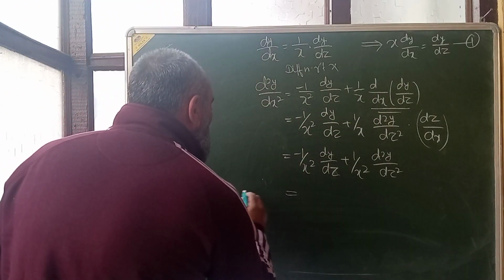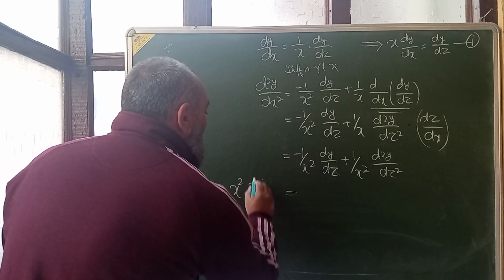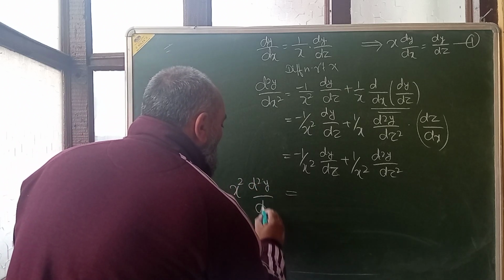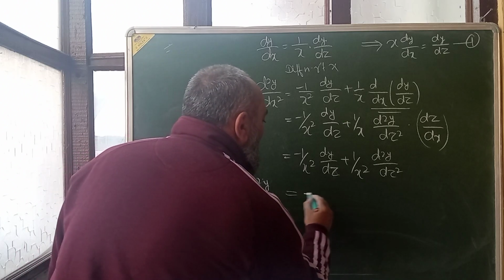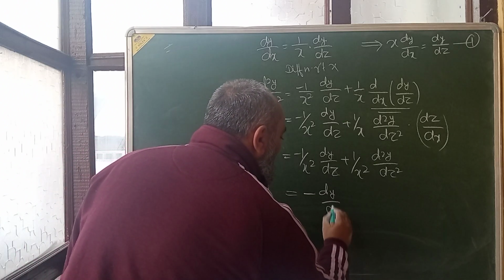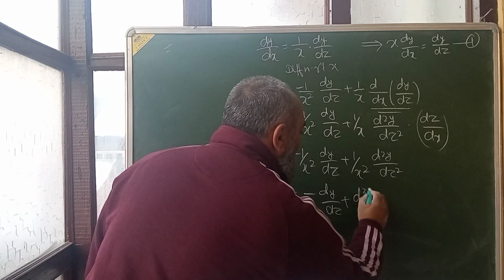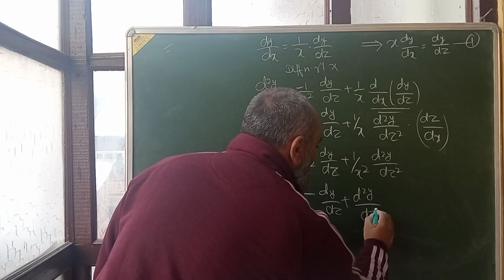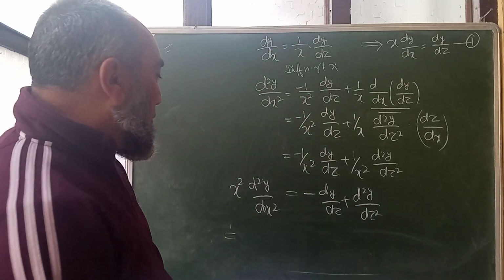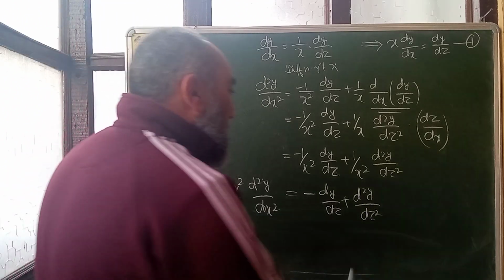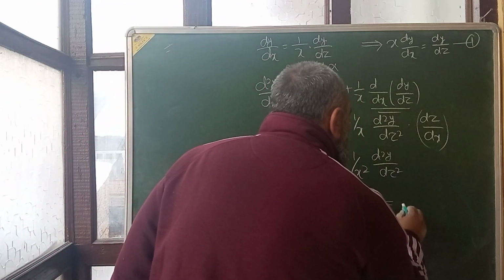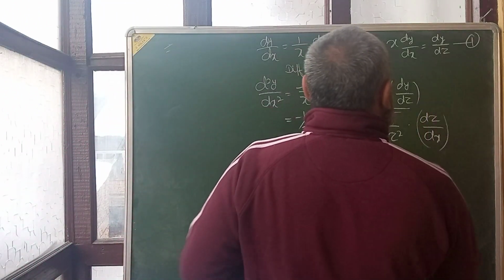And here you will get x square d2y/dx2 is minus dy by dz plus d2y/dz2. You have taken 1 by x square out. Let me write over here.